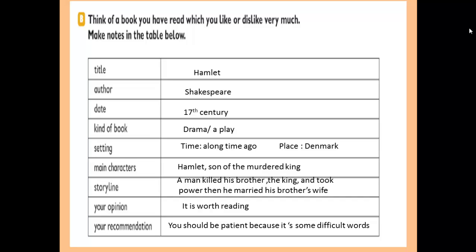The date of this novel, of this book, of this play, let's say, it was written in the 17th century. Kind of book. It has the style of drama. Definitely it's a play.